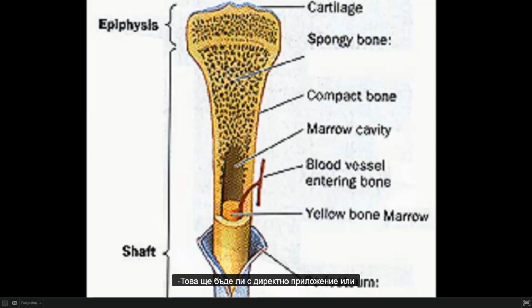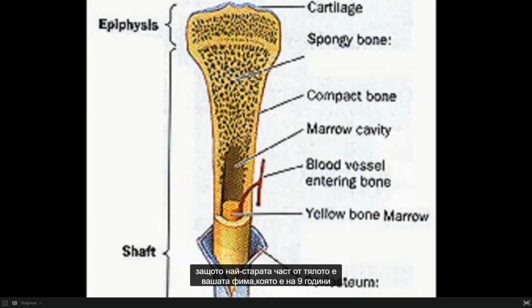Would that be with a direct application, or would it be with the fields around the object? Yes, you create the same thing that your bone does inside the bone, converting the plasma within the lymphs to calcium to become part of your bone.